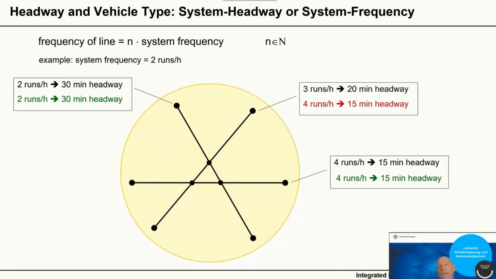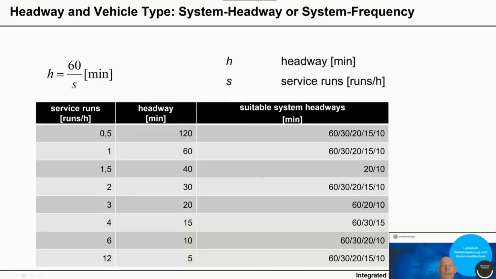And this is something which is nice for the people traveling from here to here, because the timetable will always provide them similar travel times with the same transfer wait times. So this is why planners sit down and they discuss a system headway for their system. And here you just see possible solutions.